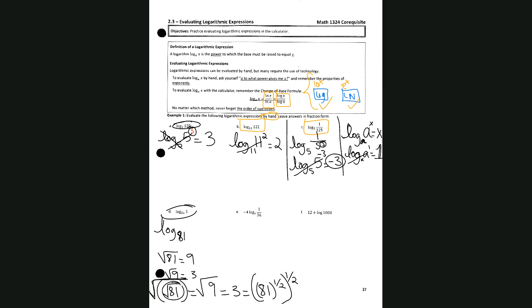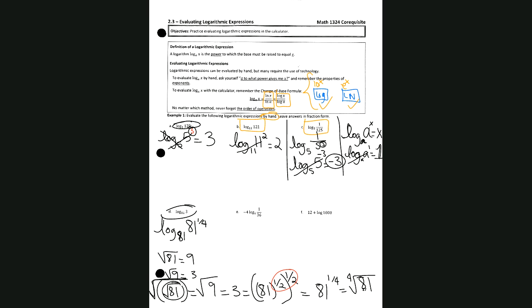Now there's a rule with exponents that if we have a power of a power, we can multiply those two. So what we get is 81 to the power 1/4. If I convert this back into a root, it is the 4th root of 81. To what power do I need to raise 81 so that I get 3? That will be the power 1/4.